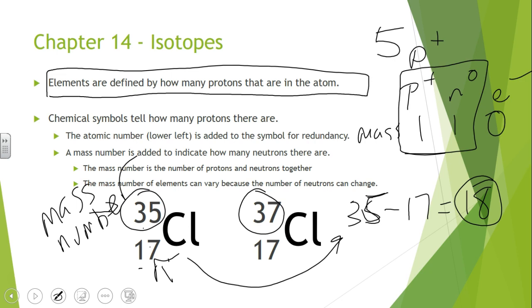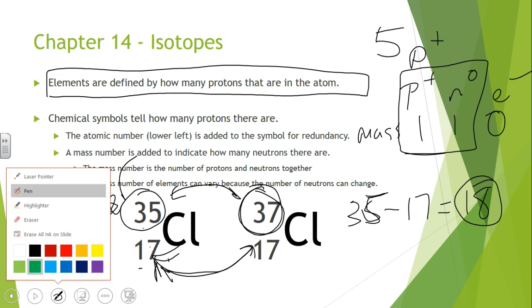So now here's a different isotope. Now, what makes an isotope? An isotope has the same number of protons. Again, I keep saying the same thing, beating it like a dead horse here. So it's the same number of protons, but a different number of neutrons.